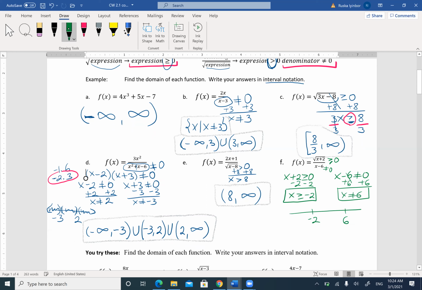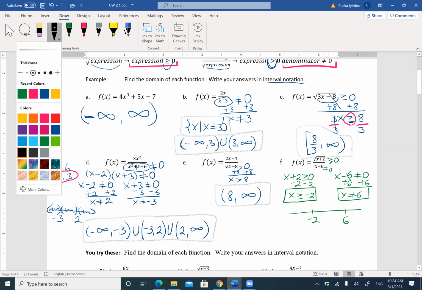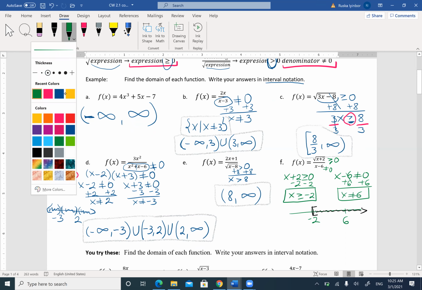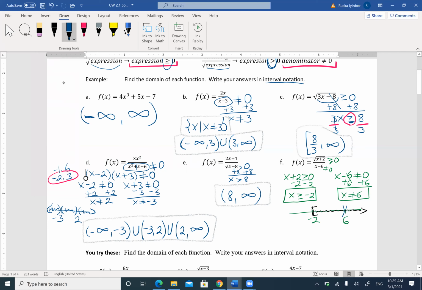So the first restriction, x is greater than or equal to negative 2, is going to be from negative 2 to infinity, right? Everything greater than negative 2. And the other restriction is x is not 6, which means before 6 and after 6.